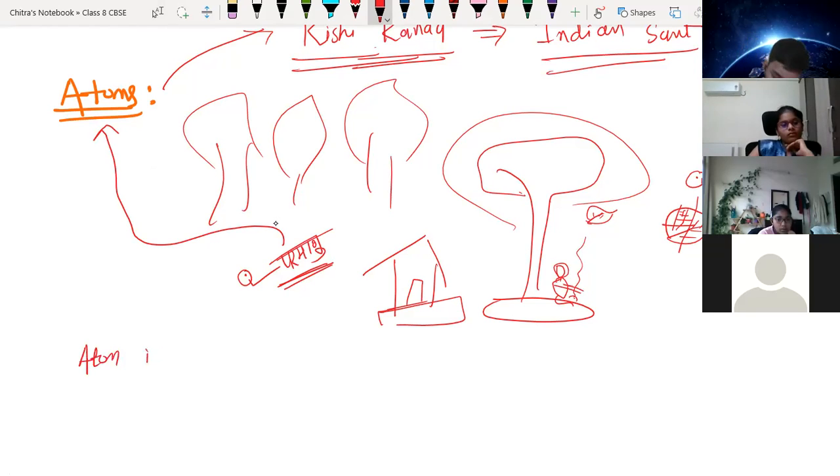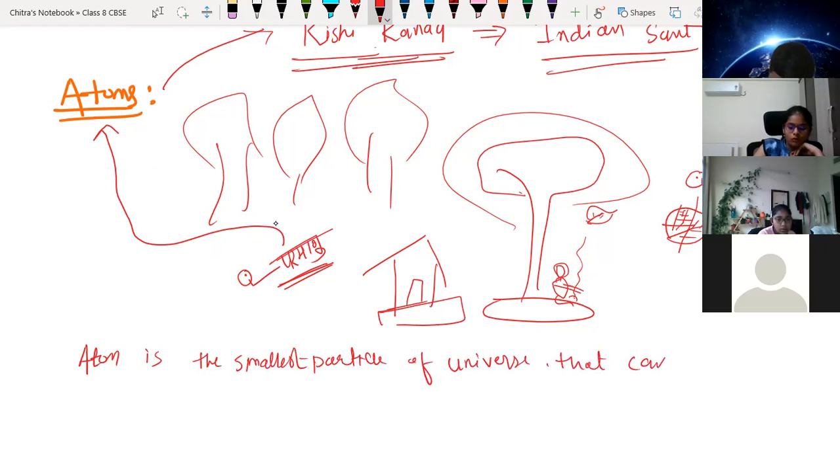Atom is the smallest particle of the universe that cannot be divided further.